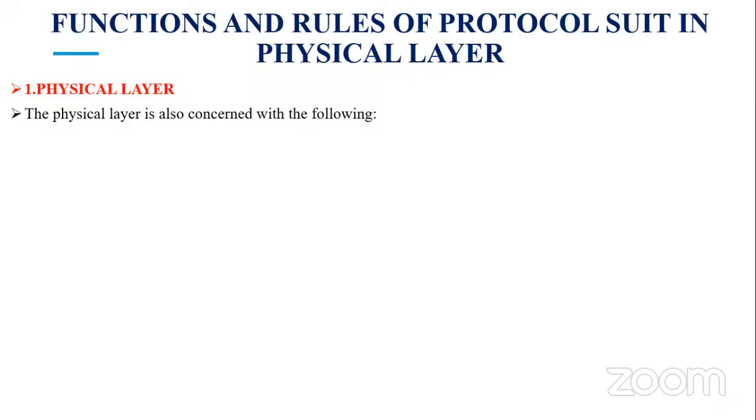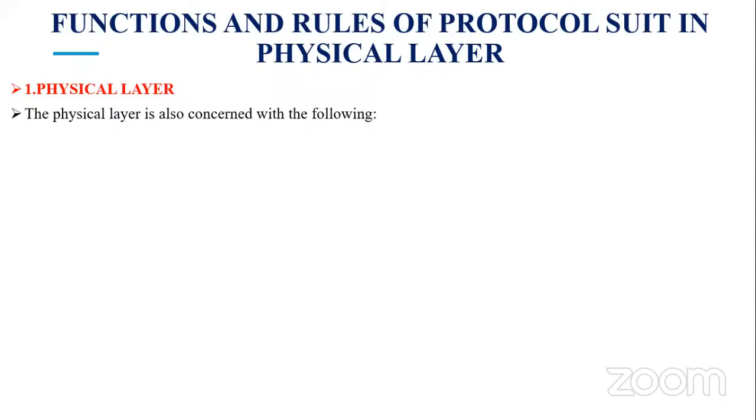Then the physical layer will convert that frame into bits called ones and zeros. Those ones and zeros will be converted into signals, and the physical layer will take care of the conversion of signals based on the medium.